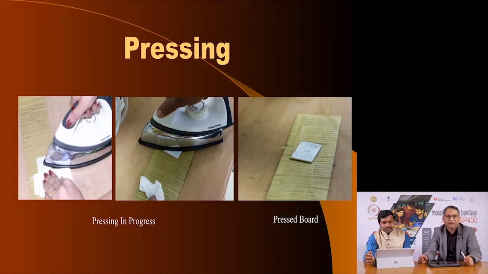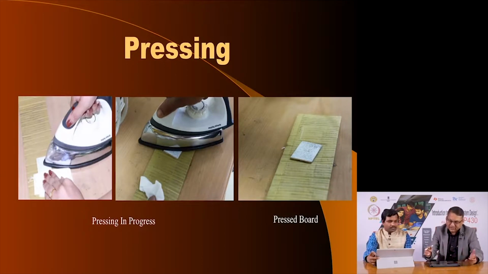We use a similar iron of about 1000 watts, and we firmly press the hot iron on the paper, so that the laser print gets stuck to the copper. You may need some practice, but roughly 5 minutes of intense pressing is required, so that the entire paper gets stuck to the PCB.